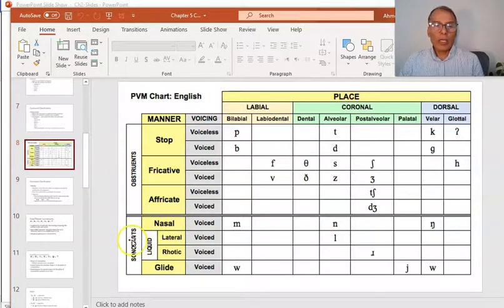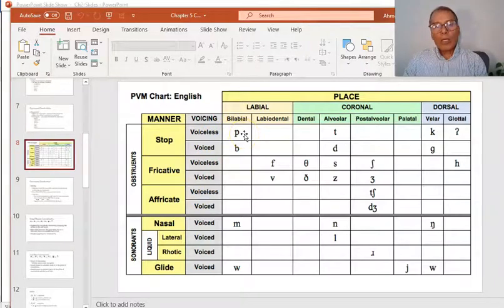This is less in number, and only has 7 sounds. So in terms of manner, we have obstruents and sonorants, and the obstruents include stop sounds, fricative sounds, affricate sounds. So let's look at the stops.